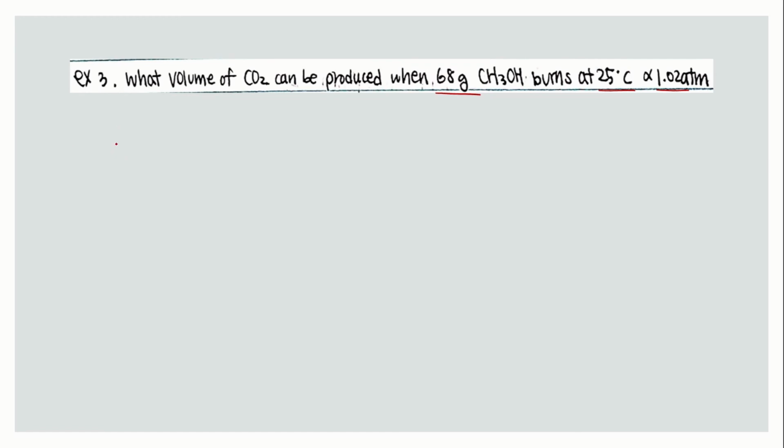You first have to write the equation, and you have to make sure that you balance the equation. It produces CO2 and H2O, because this is a combustion reaction, and a combustion reaction produces carbon dioxide and water. If you balance the reaction, it will be 2, 3, 2, and 4.